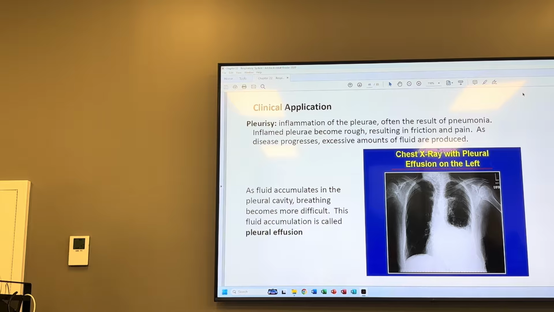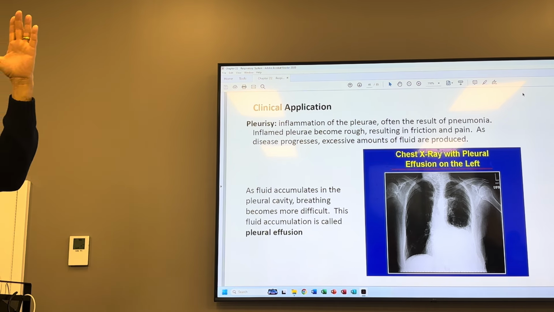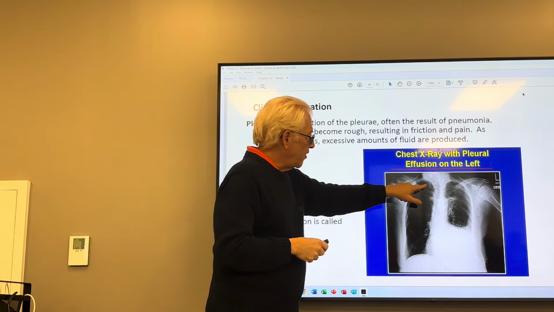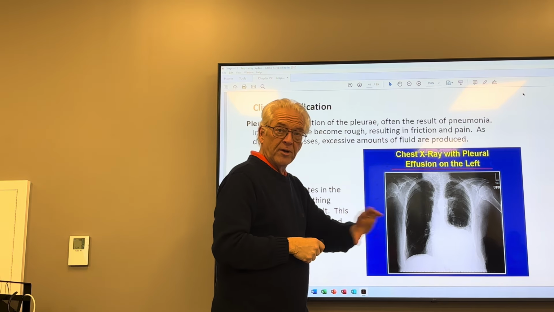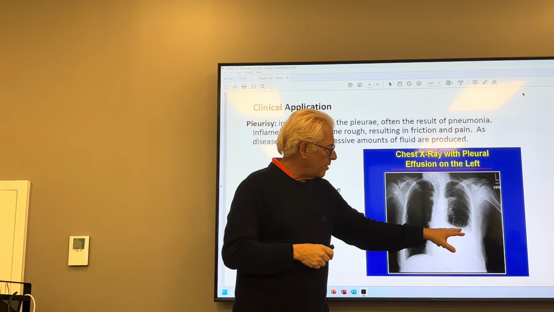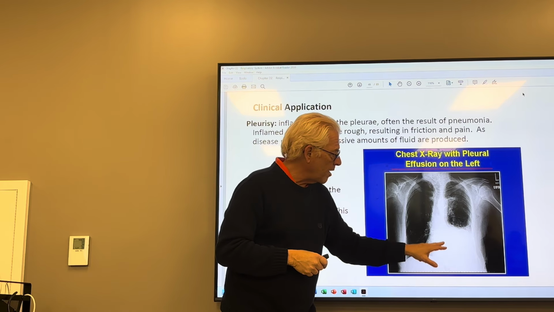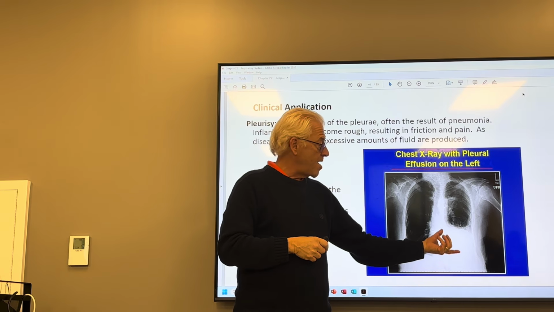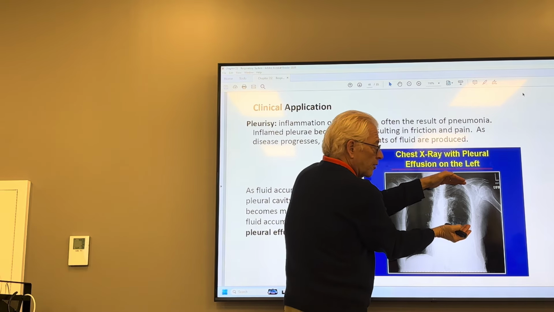This is edema of fluid inside that double-layered sac. If that sac fills up with fluid, is it not pushing on your lungs? It pushes on your lungs this way because it fills up from the bottom. That's what this is. This lung is fine. I can see an x-ray right through it. What happened here? This bottom area is now full of water, making this lung get smaller and smaller.